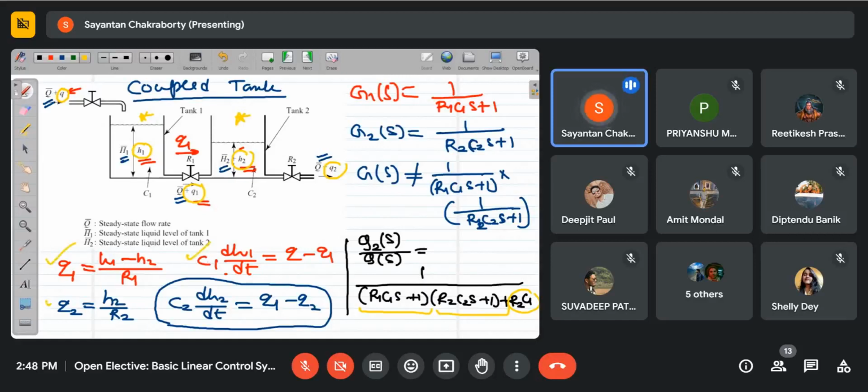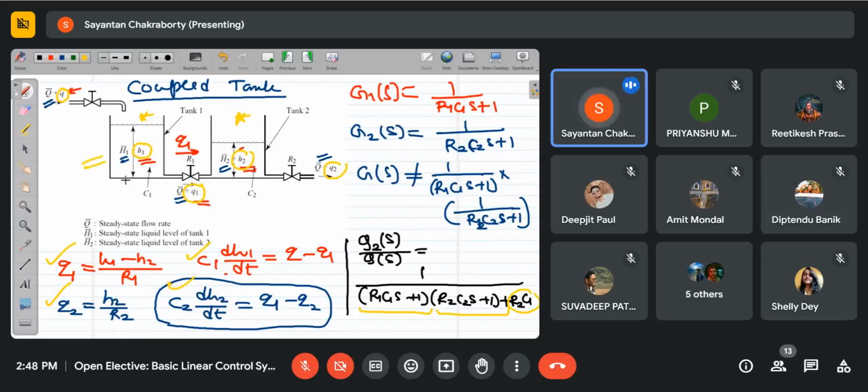So these are the basic equations of flow for this, where Q1 is equal to (H1 minus H2) by R1, the resistance of this valve, and Q2 equal to H2 by R2, and so on. And this flow rate Q minus Q1 is C1 dH1/dt for tank 1.